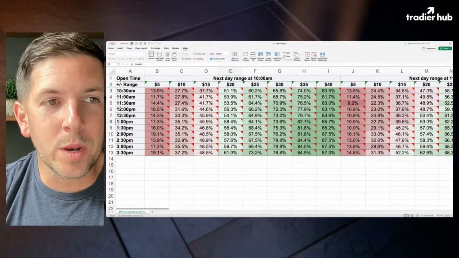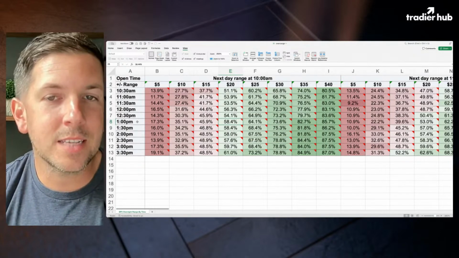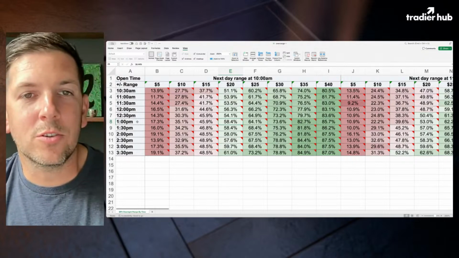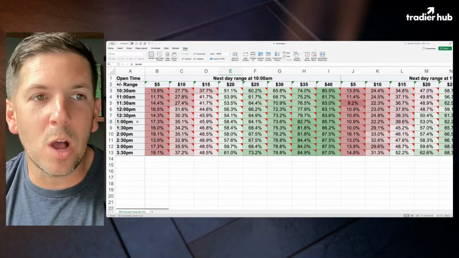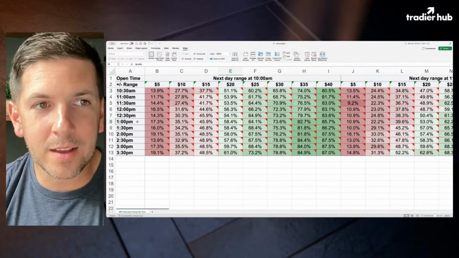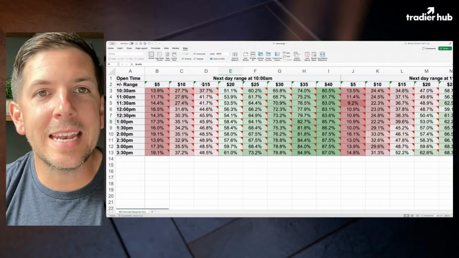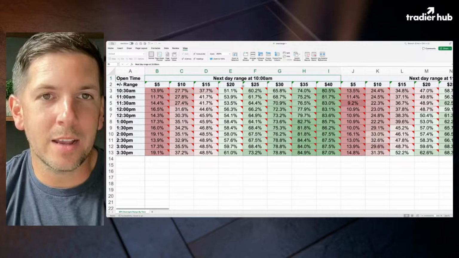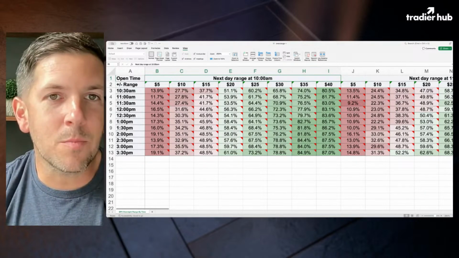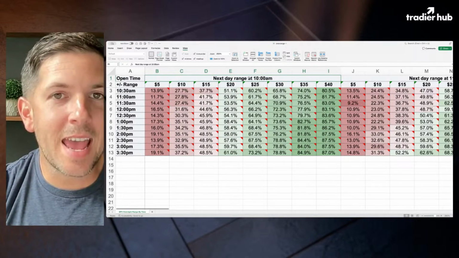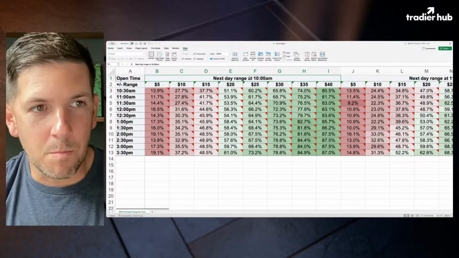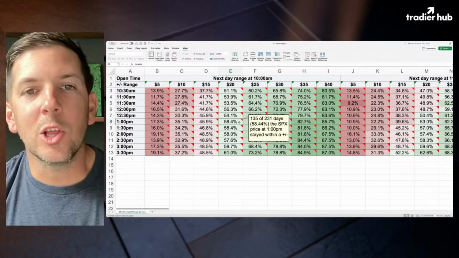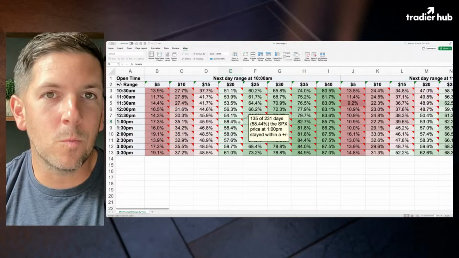This would say if I open a position at 1 o'clock today, and then I just watched the market from 1 o'clock today to the next day at 10 o'clock, this is what this block here is looking at. If I looked at the market price the next day at 10 a.m., so mark the market price at 1 o'clock today, then check back and look at the market price at 10 a.m.